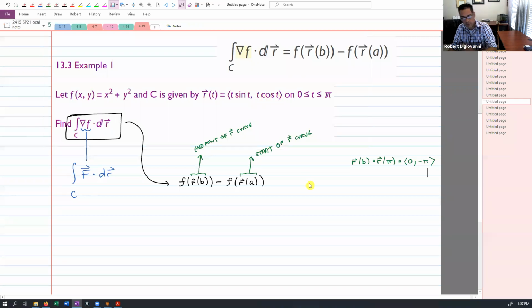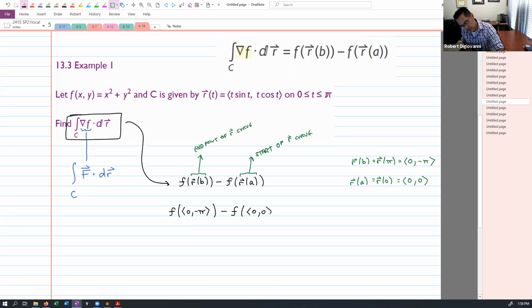Pi times negative 1 is negative pi. r of a is r of 0, and that should give us the vector 0, 0. So what we need to do is evaluate the scalar function at the point (0, negative pi), then the scalar function evaluated at (0, 0).